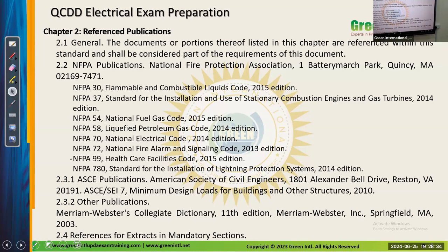It's related to hospitals and other things. Mostly in hospitals, we need to refer to NFPA 110, based on the requirement.